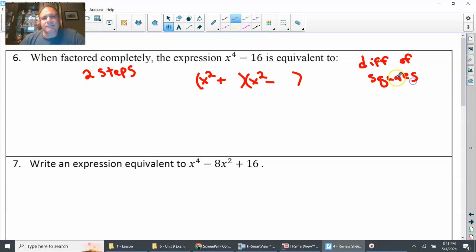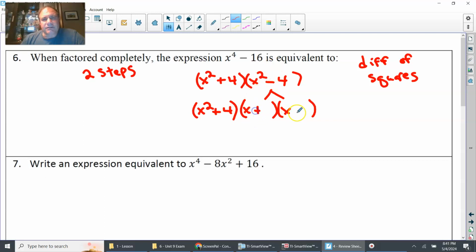What times what equals 16? That's 4 times 4. So that means this one is okay, but this one could be broken down further. So I'm going to put this binomial down here and then set up a second pair of binomials.